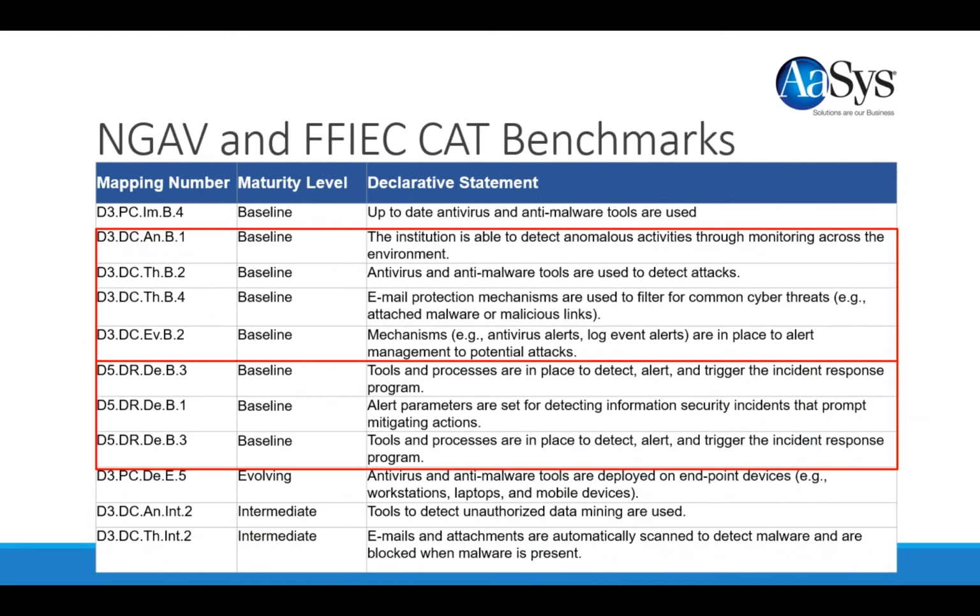I believe it is worth mentioning, though, that antivirus, and certainly next-gen antivirus, provides the capability to meet the minimum threshold for the components listed here. But as we discussed, it can be limited. For example, the statement tools and processes are in place to detect, alert, and trigger the incident response program. Next-gen antivirus can do that, but as we know, there are whole categories of events, such as lateral movements, that it doesn't have visibility into.